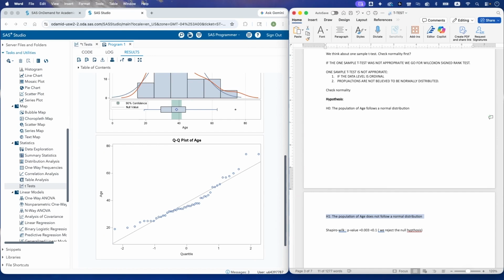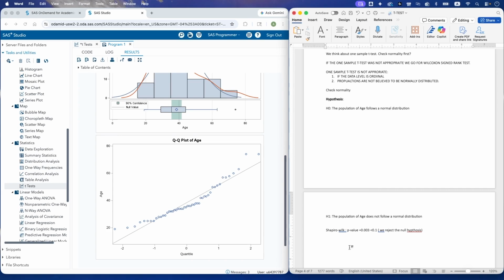The upper tail deviates above the diagonal, and the lower tail below the diagonal. So we have skewness here. So the normality test tells you that we cannot use the t-test. So we have strong and consistent evidence that our data do not follow a normal distribution.